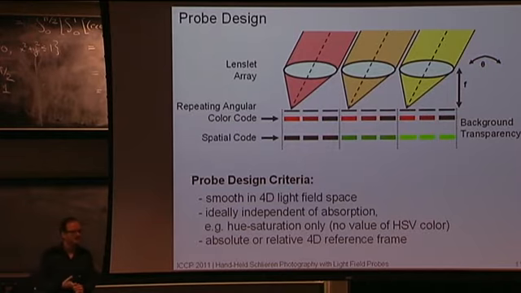Ideally, the color distribution should be independent of any absorption that's going on in the transparent medium. If that's negligible, we don't have to worry about it, but this could be done by using only hue and saturation, for instance. Also, we need to consider if the light field probe serves as an absolute reference frame, or if the light field is actually pre-warped in the probe in order to account for a static camera at some finite position.